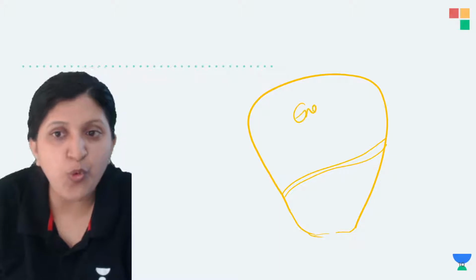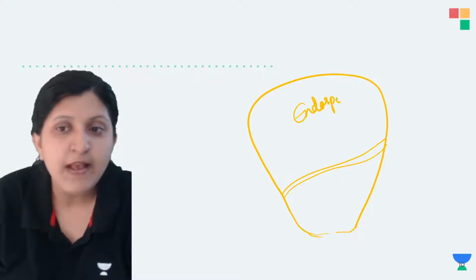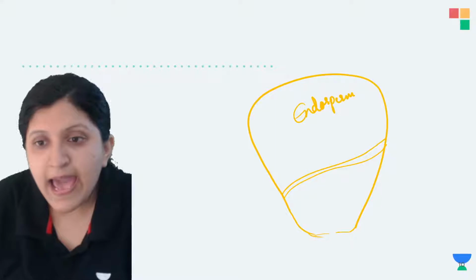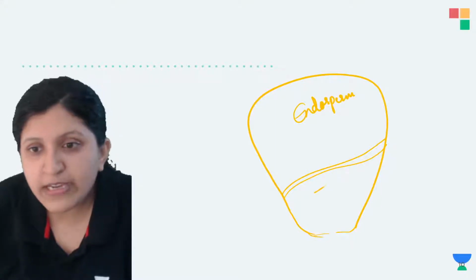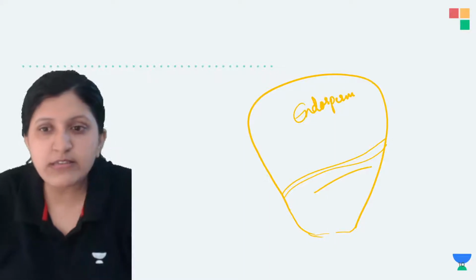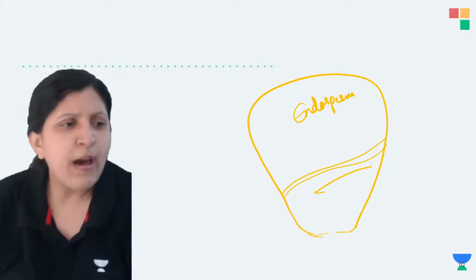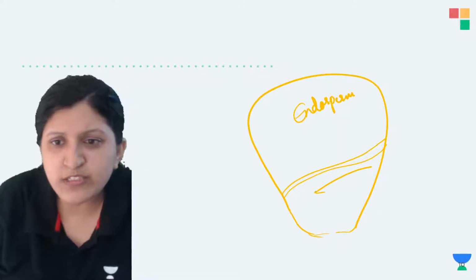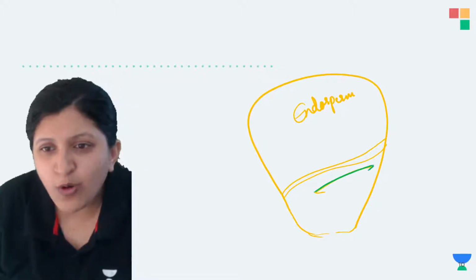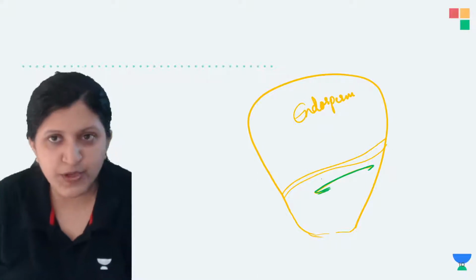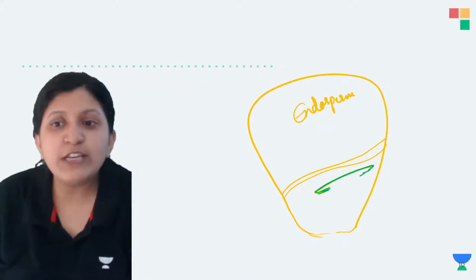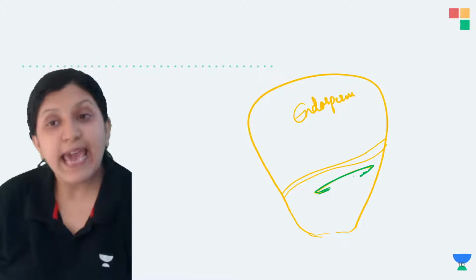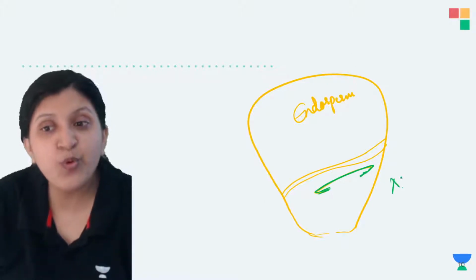So this whole part is actually the endosperm, and this part here you can find is thin, papery-like. So we can use the term papery cotyledon, and hence we call this a monocot.